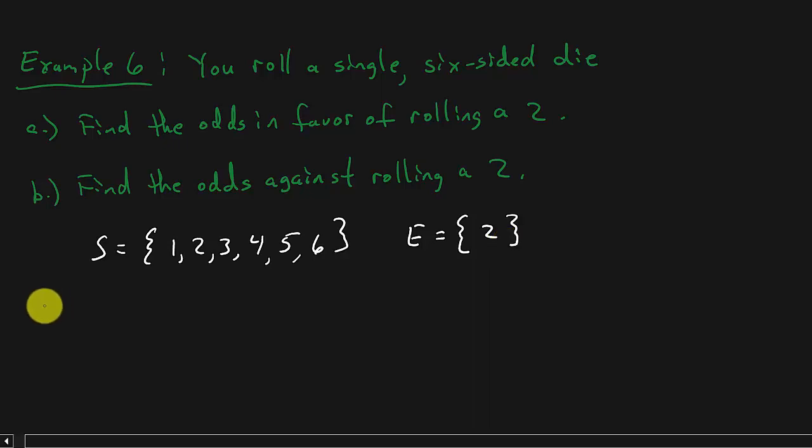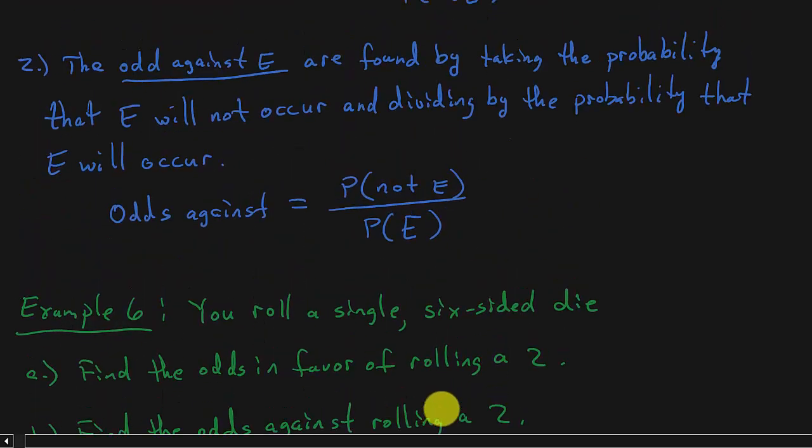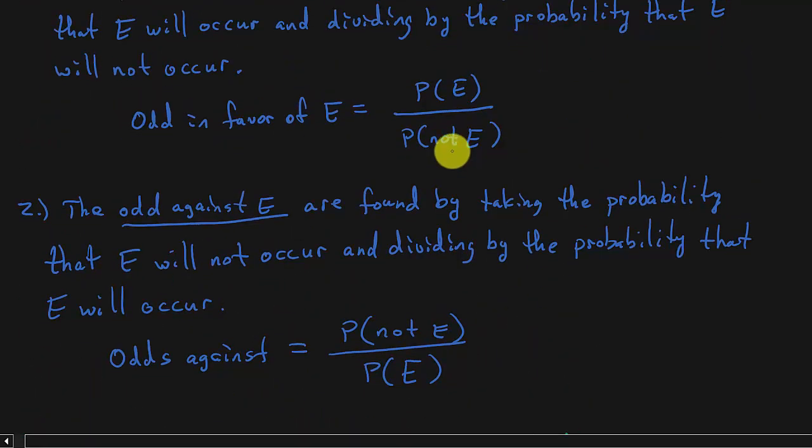So we know for part A, the probability of E happening is the number of successful outcomes, which there's 1, divided by the total possible, which is 6. Okay? So remember, the odds in favor is the probability of E divided by the probability of not E. Okay?